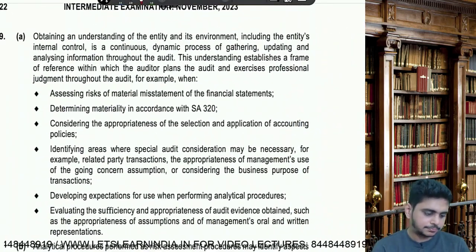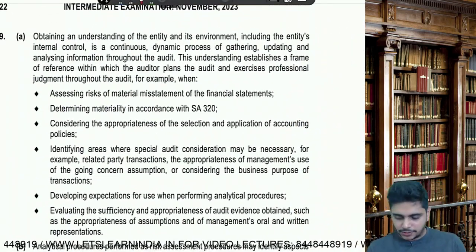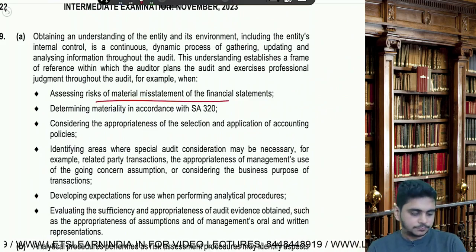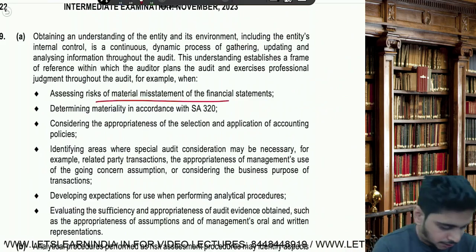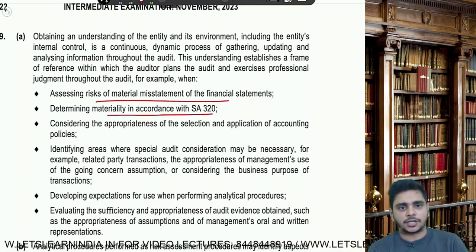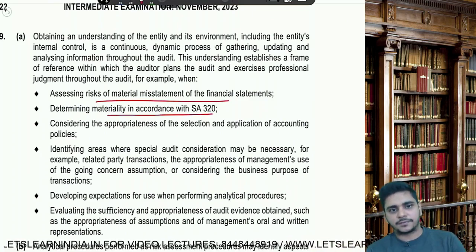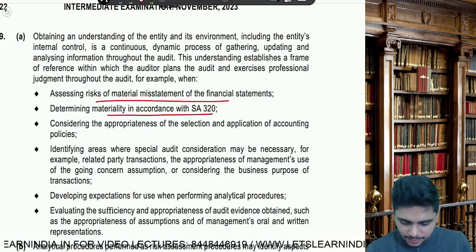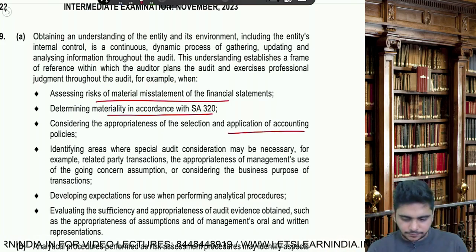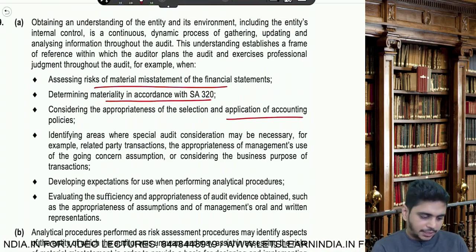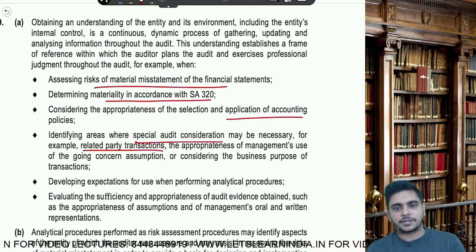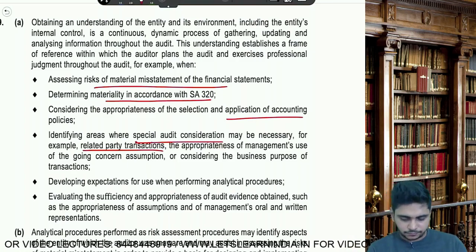Now, so what are the examples? Sir, assessing the ROMM of the FS. Number 2, determining the materiality in accordance with SA 320. So for ROMM it is SA 315, for materiality it is SA 320. Considering the appropriateness of selection and application of accounting policies. Then identifying the areas where related party transactions are, where more consideration is required.